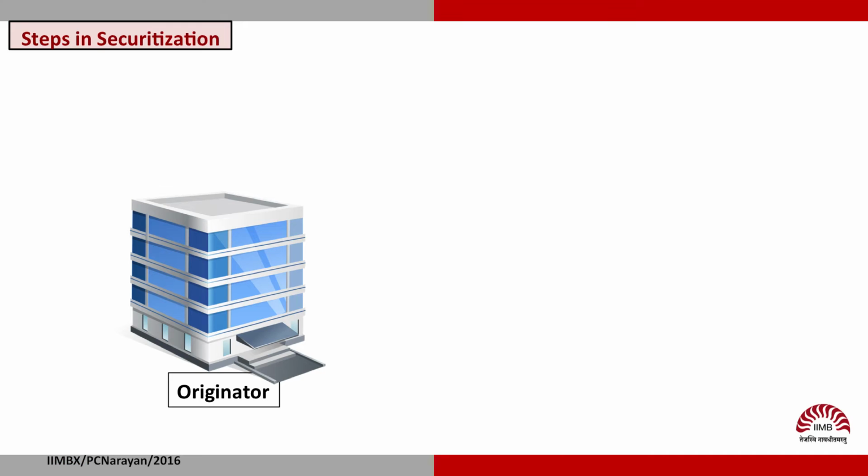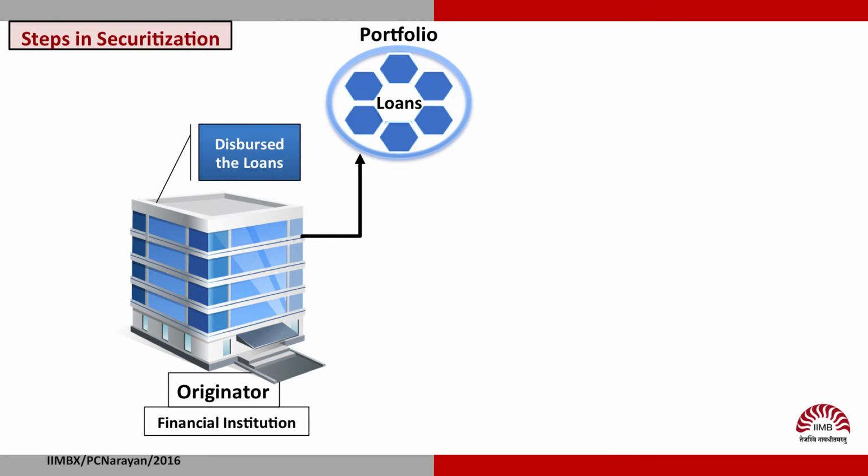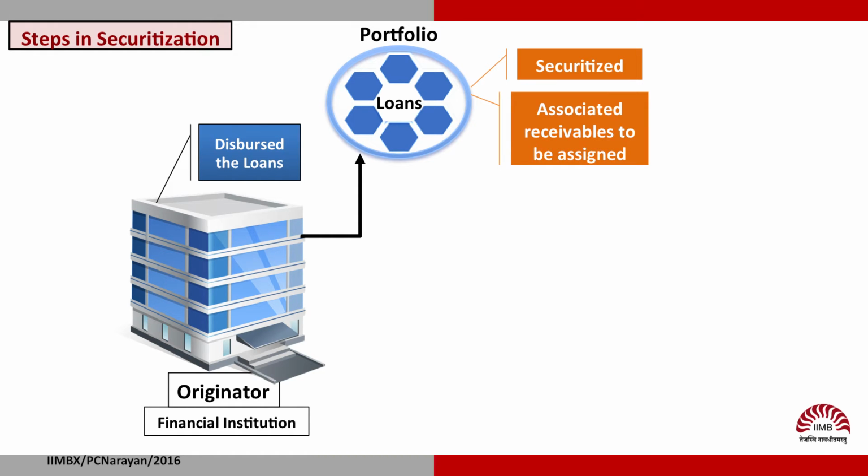Now a quick look at the steps involved in securitization. All securitization transactions go through the following process from origination to final placement in the financial market. The originator, that is the financial institution that has disbursed the loans, creates a portfolio of such loans that are to be securitized and the associated receivables to be assigned.